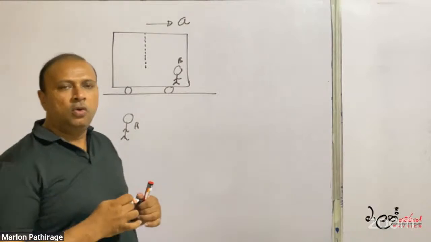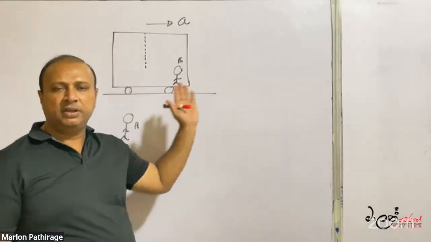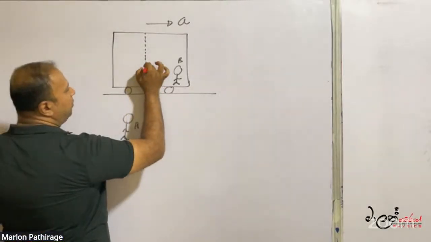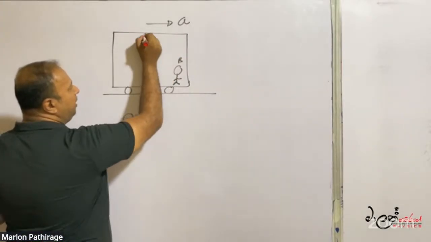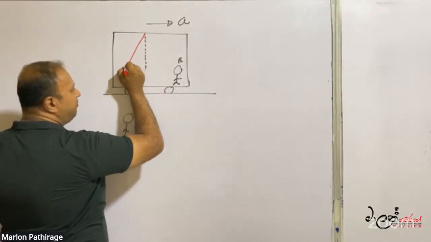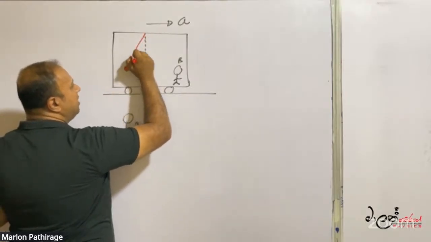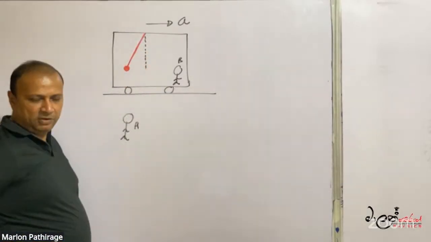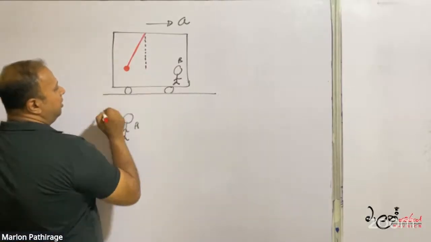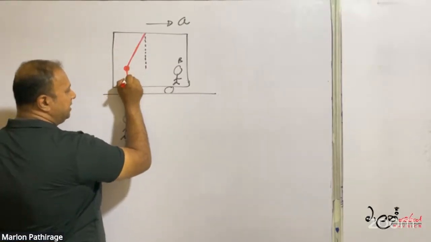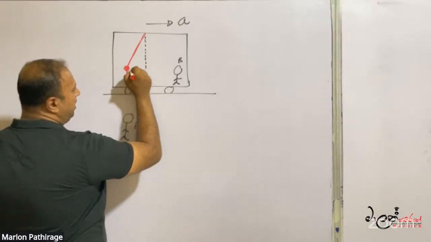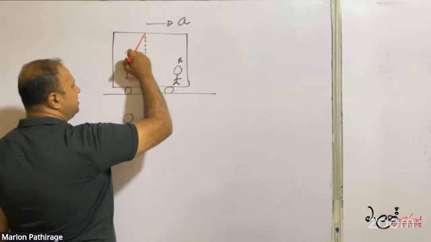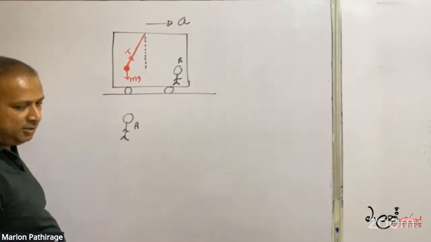Now, when this train moves towards the right-hand direction, what will happen to this pendulum? Definitely, it will incline towards the backward direction. Therefore, if I mark the forces exerted, here put mg, then the tension force is here. Tension force means the force exerted by this object.